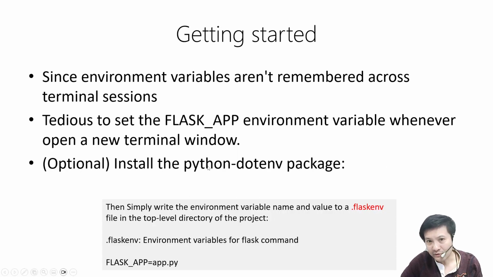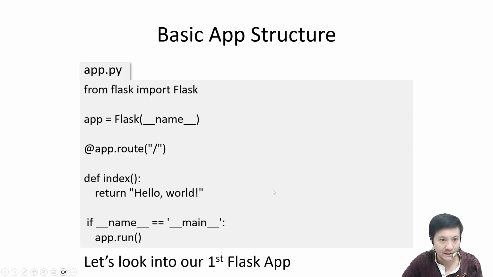So in general we will set up a file, the so-called environment file, flask.env. You put your environment variables inside this file, and then every time you start your Flask application, we just use the library to load the environment file, or by default it will look for this file to load the environment variables for your case.